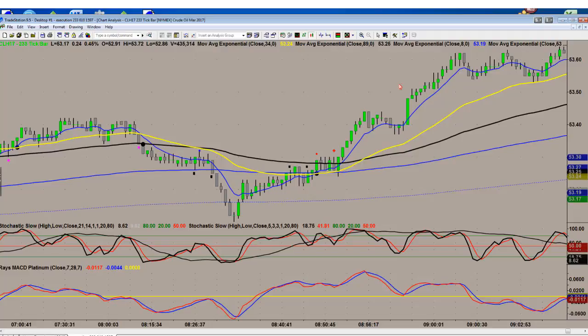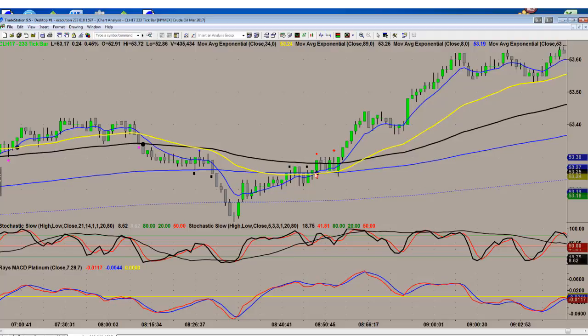That wasn't the perfect condition here, which I'll talk about in just a little bit. But saying that, remember, anytime that you see the close above the 34, by that time your 34 is always going to be not sloping down, and in general it's going to be sloping better.